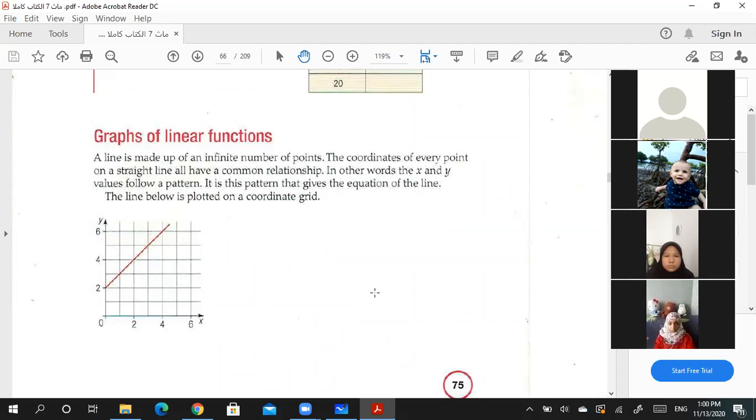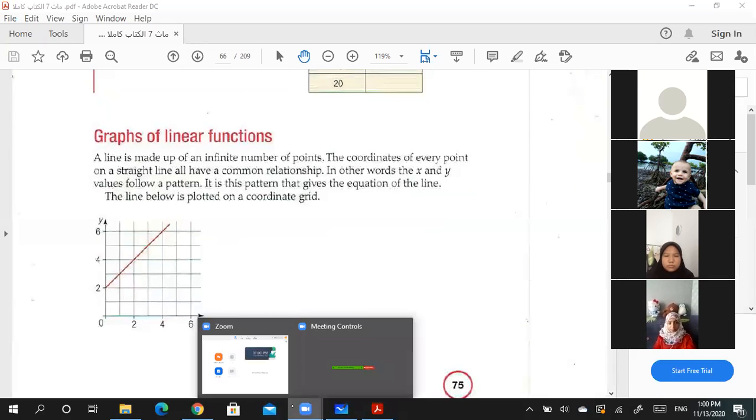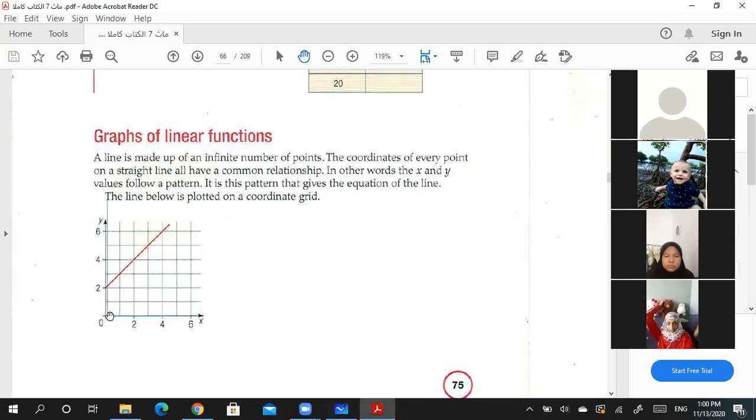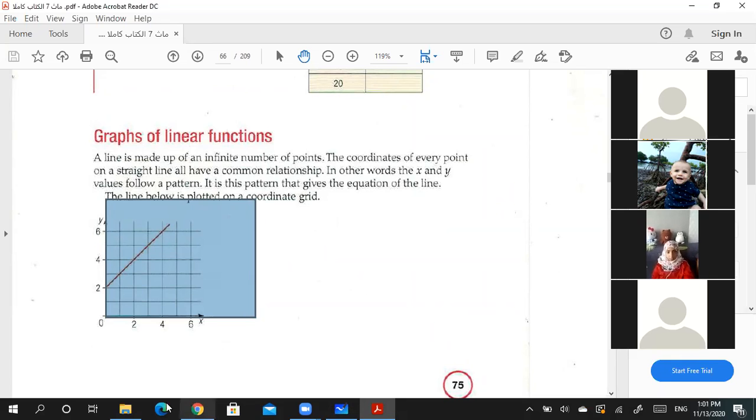Then we have talked about graphs of linear functions. Functions usually represent something in Cartesian coordinates like this, x and y. Any line, any shape inside these Cartesian coordinates is going to be represented as a function.